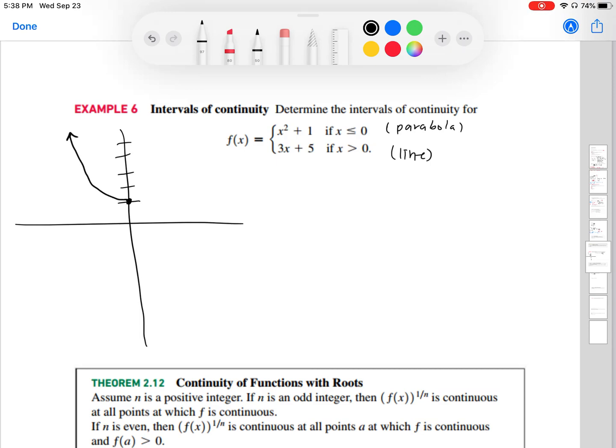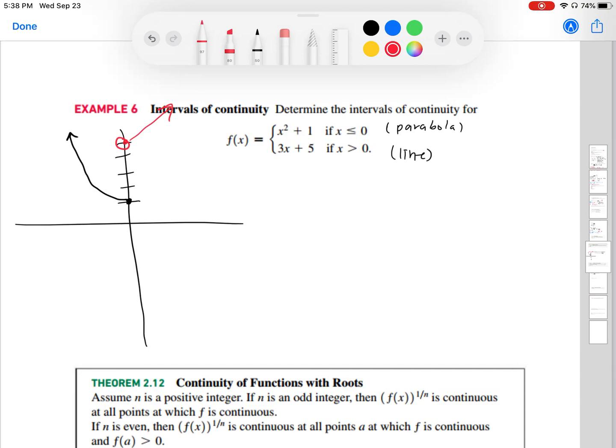For my other graph, I have a line with a y-intercept at 5 and an open circle, and it has a positive slope, so it goes that way. Those are really super rough sketches of our graph.